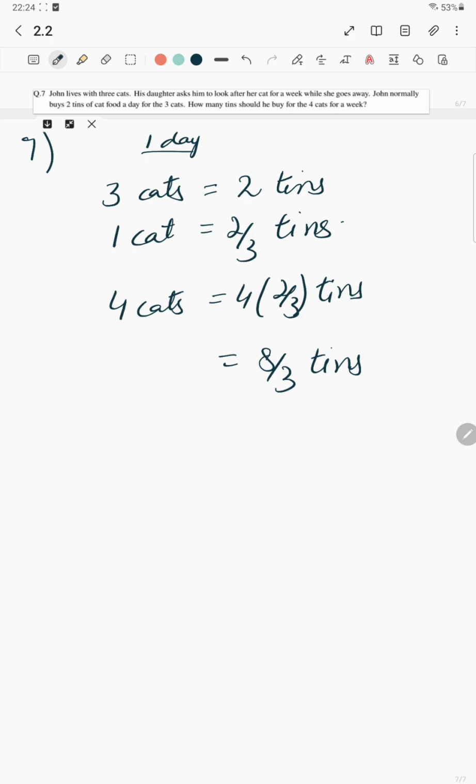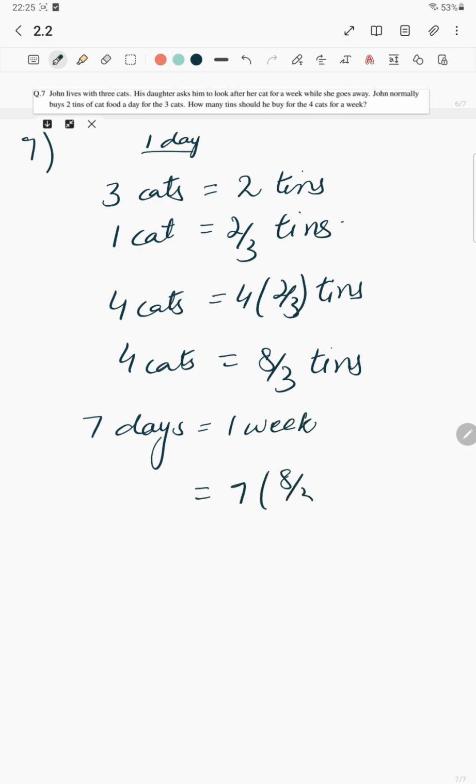This is 8 by 3 tins for 4 cats for 1 day. Now for 1 week, 1 week is 7 days. So for 1 week it would be 7 into 8 by 3, which is 56 by 3, which is 18, or you can do it with a calculator. 18 and 2 by 3, I guess, 18.6.